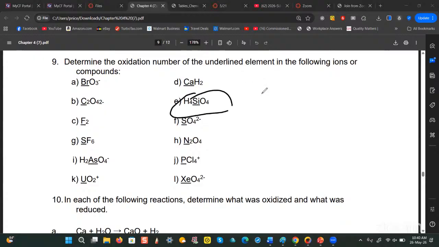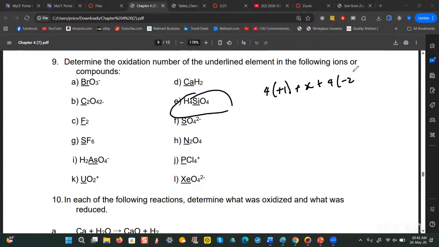So in the case of this compound, I'll be honest, I don't know what the name of this compound is. But you have 4 hydrogens, a silicon, and 4 oxygens, right? So we know that the oxidation number of hydrogen is +1, right? So we have 4 times +1. We add that to X, which is the unknown for the silicon, plus 4 times -2 for oxygen.